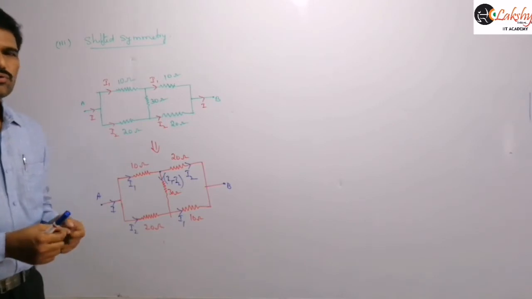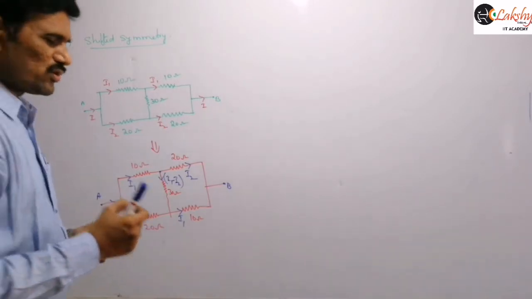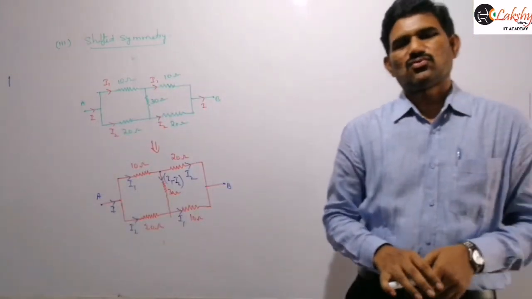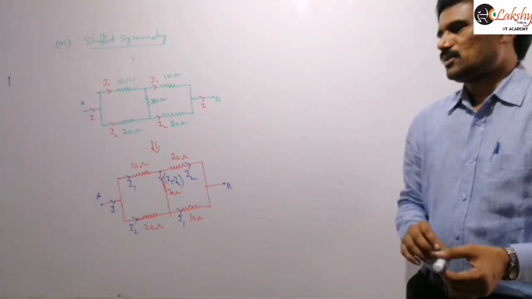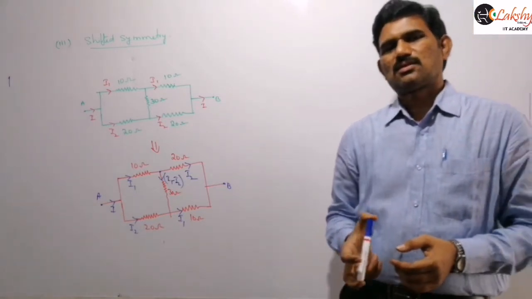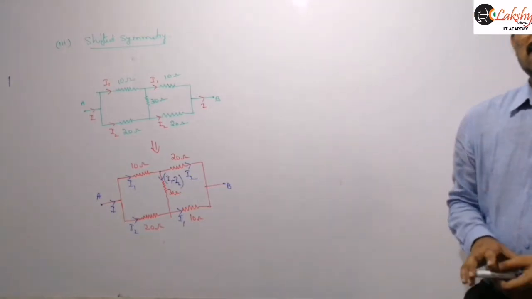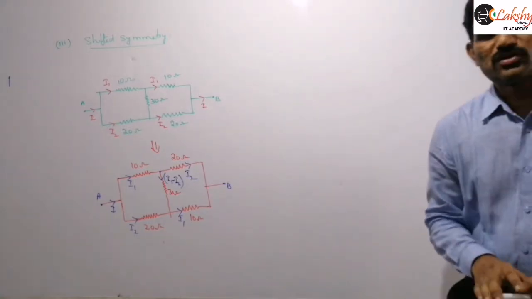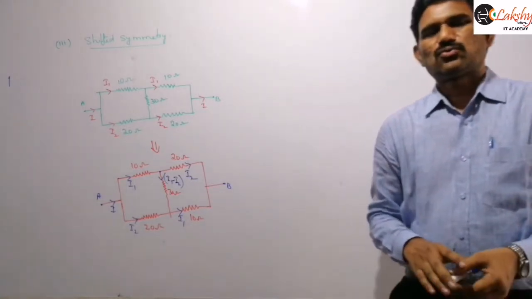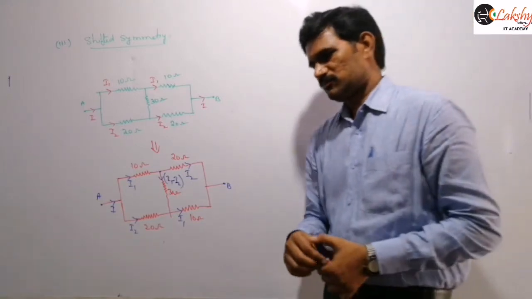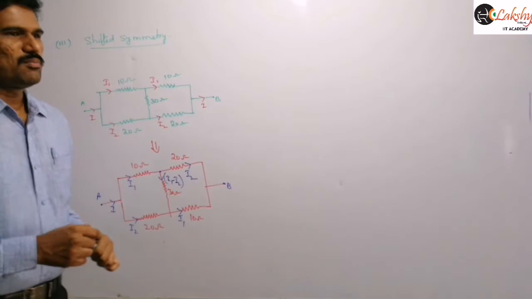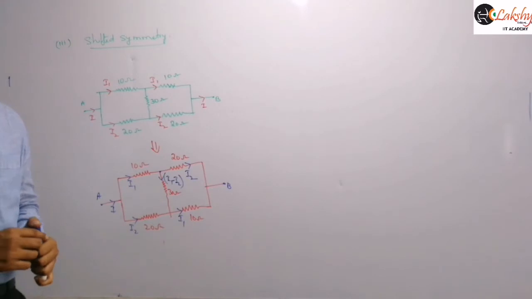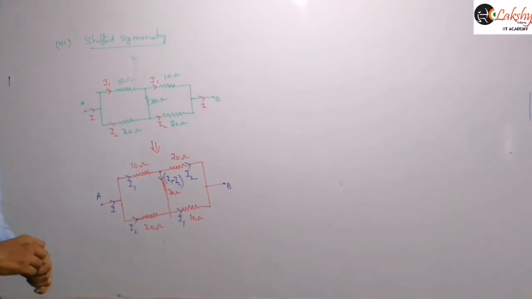Even though the position of the 20 ohm resistor is changed, still the same amount of current I2 will flow through it, and similarly through the 10 ohm resistor also the same amount of current I1 will flow through it, as shown in the figure.